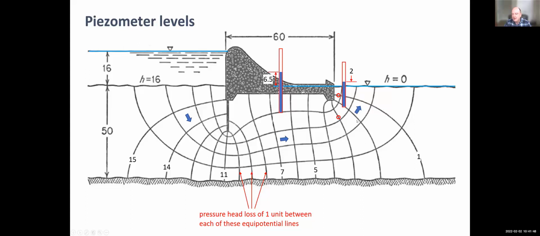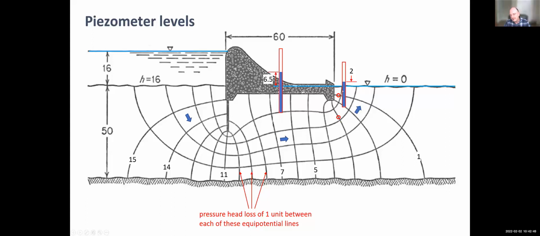So anywhere along this line, if the bottom of that piezometer was along this line, I record 2 feet of water level in that piezometer higher than H equals 0. However, just take the same piezometer and put it right here. If you were to move this piezometer so the bottom is right here, it would only record 1 foot above, and if it was down here, it would record 3 feet above.